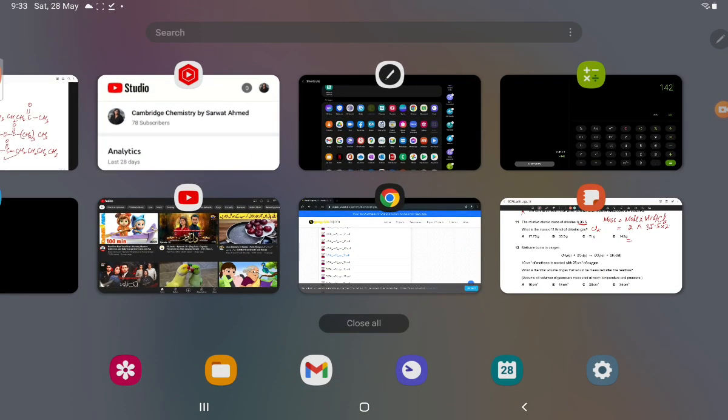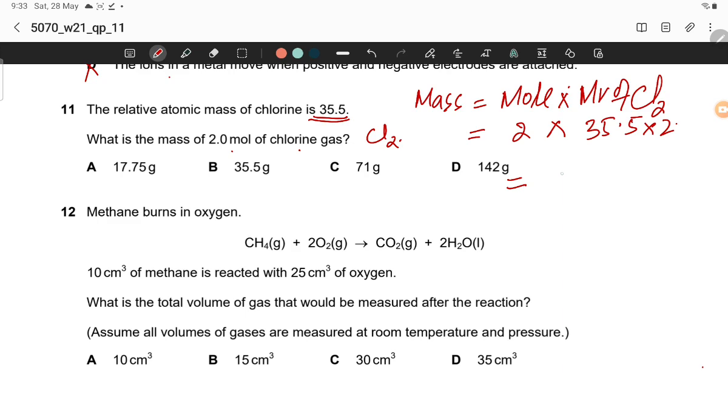So 142 grams is the answer. So D is the correct option.